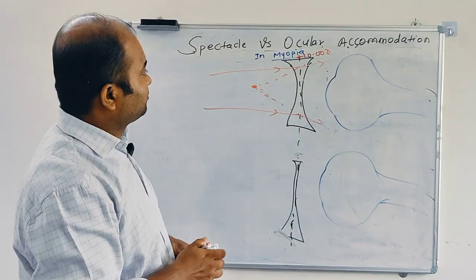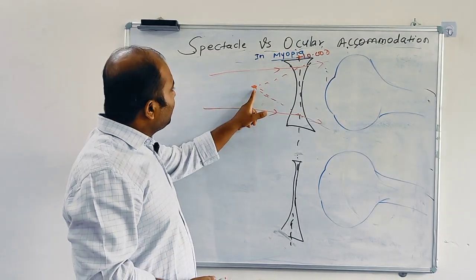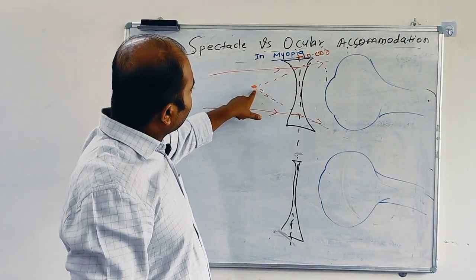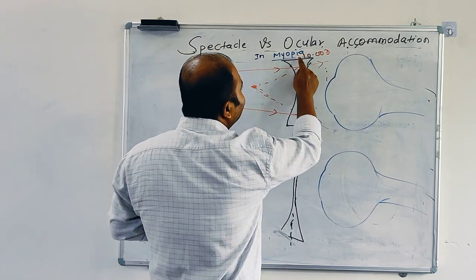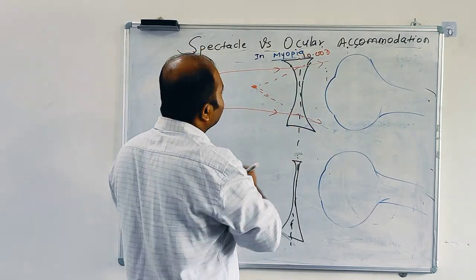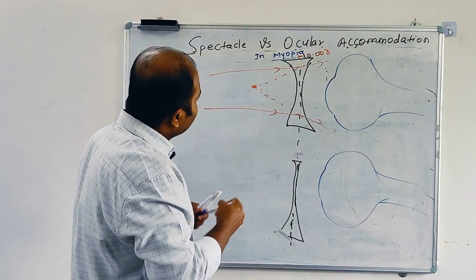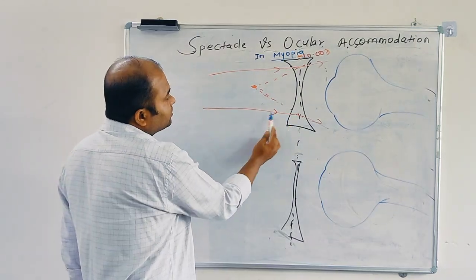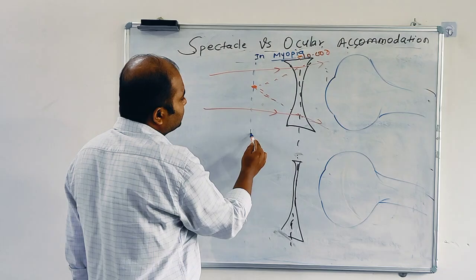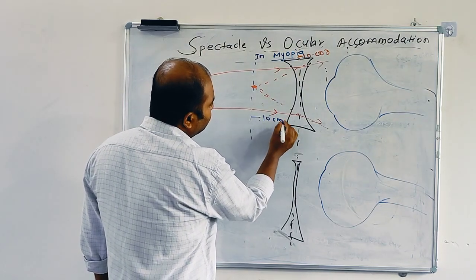And of course this should be the far point of the eye. Sorry, it should be minus, this should be -10. So if this is -10, then the secondary focal length will be how much? Toward the left side, and it should be 10 centimeter. -10 means it should be 10 centimeter, right?